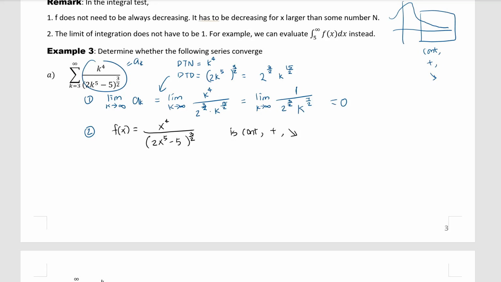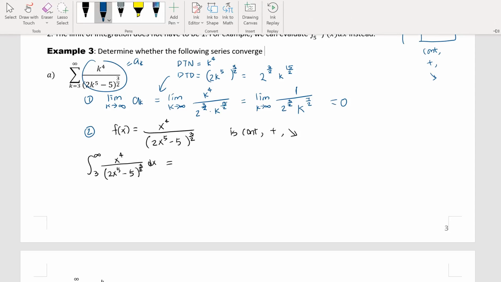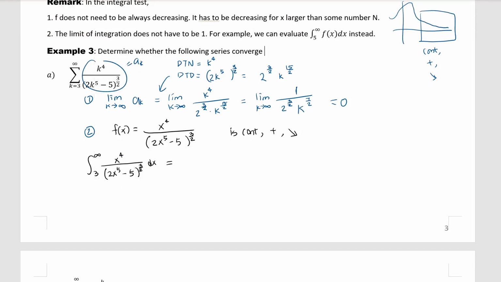So what's next? Next we want to compute the integral. Let's compute the integral from 3 to infinity. We use u substitution. Let u be this, so this is my u. Then du is 2 times 5, which is 10, x to the 4th dx.